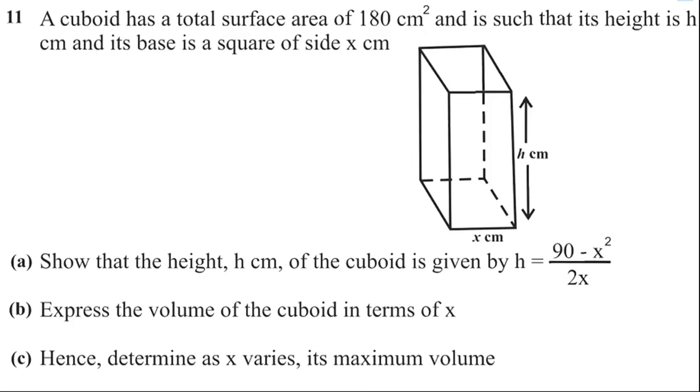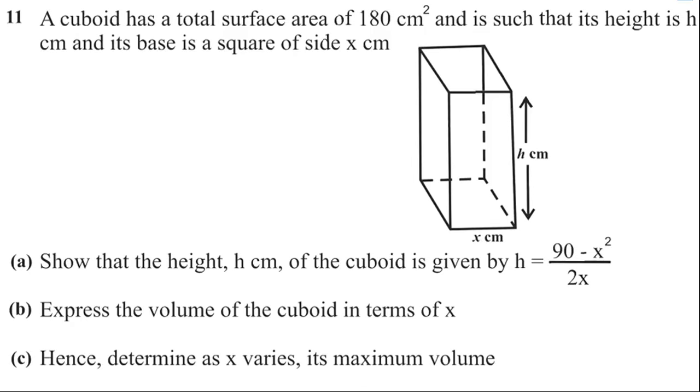Now, what are we going to do? You have to identify what you are given. You are given the total surface area of the cuboid, 180 square centimeters.